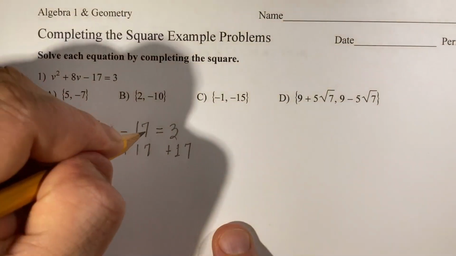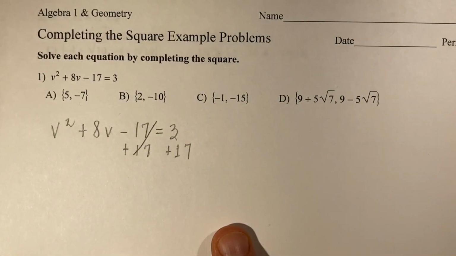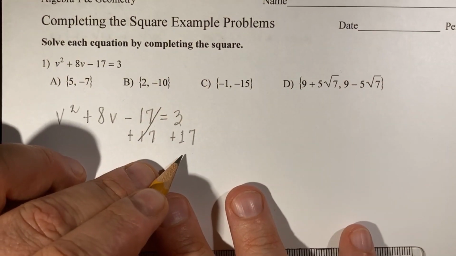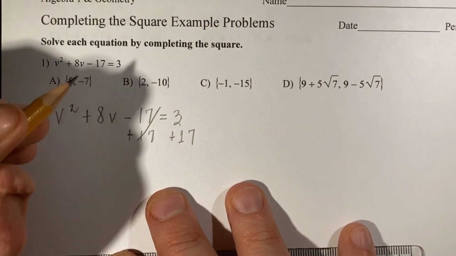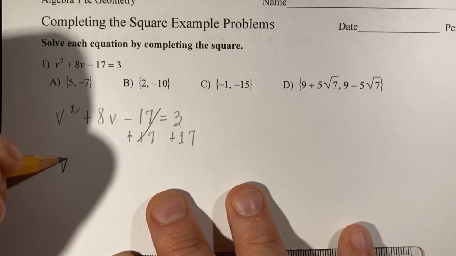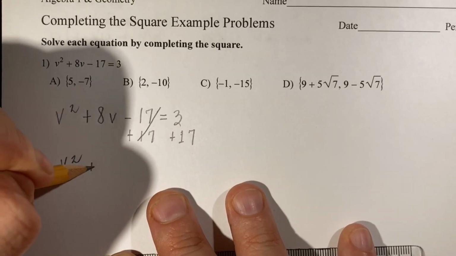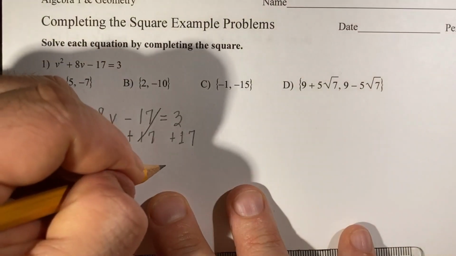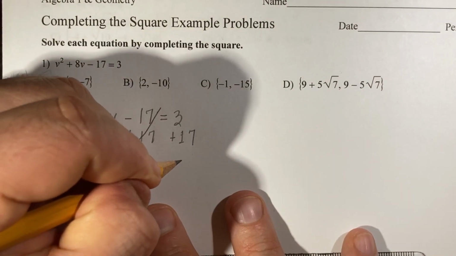On the left side, the negative 17 and positive 17 cancel out. And on the right side, 3 plus 17 is 20. So you have v squared plus 8v equals 20.